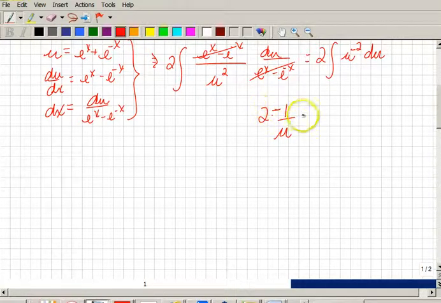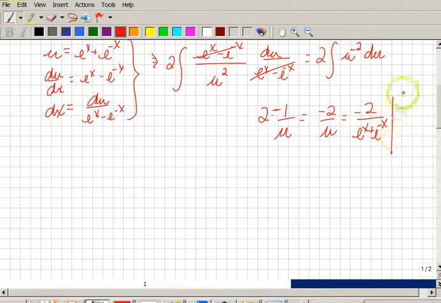So our final result then is negative 2 over u. Now let's put our u value back in. So that's negative 2 over our original u was e to the x plus e to the negative x. All right, our limits of integration, 0 to infinity, and now we have to evaluate that.